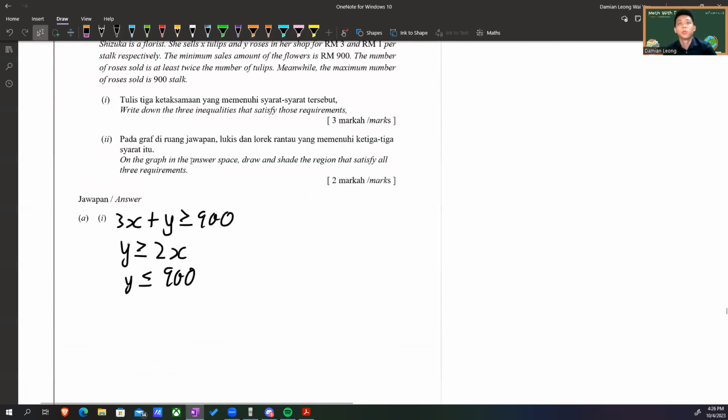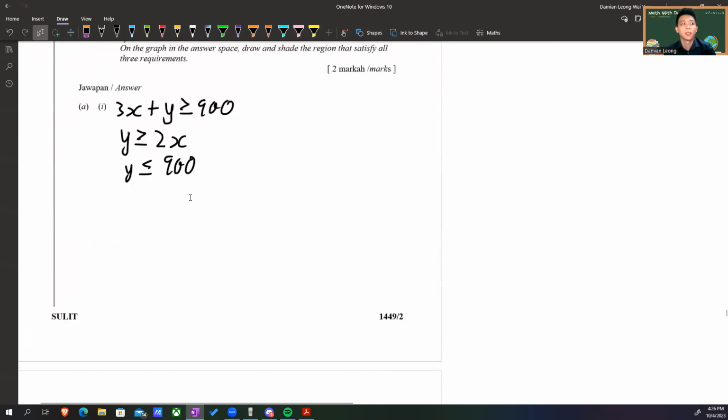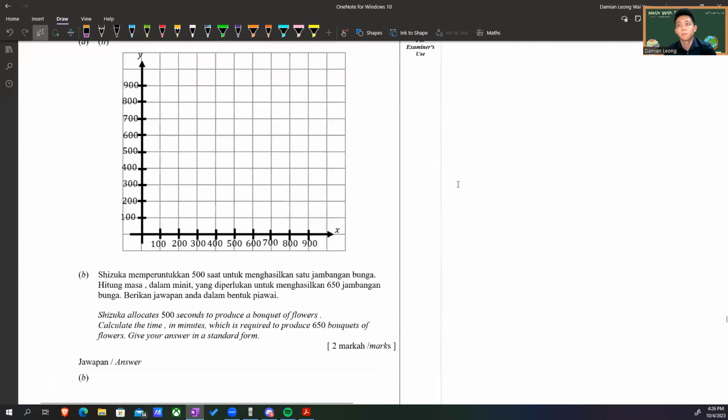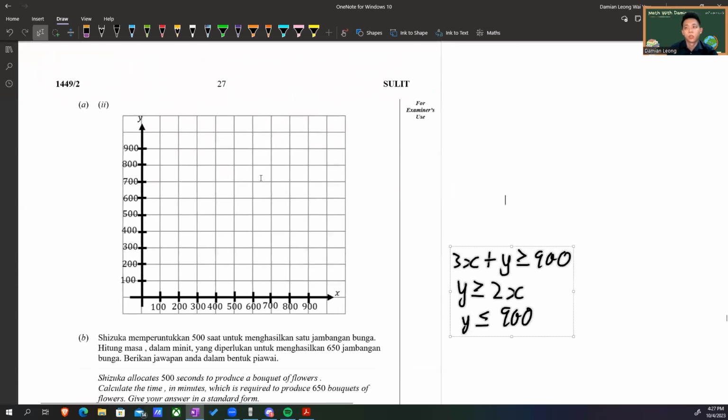Then we want to draw and shade the region that satisfy the 3 requirements. So it's based on these 3 inequalities. So 3x plus y more equals 900.